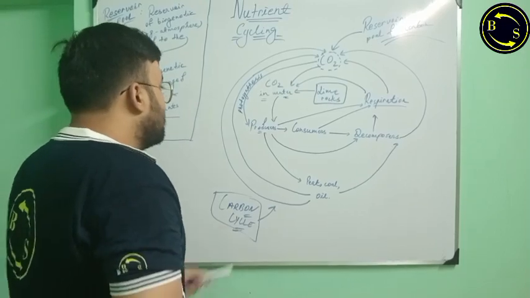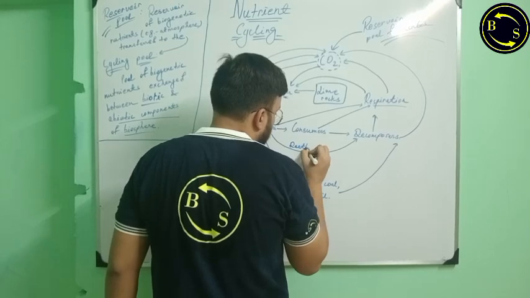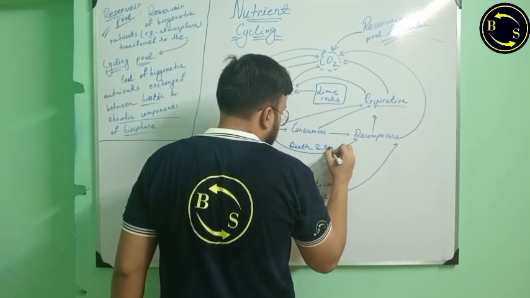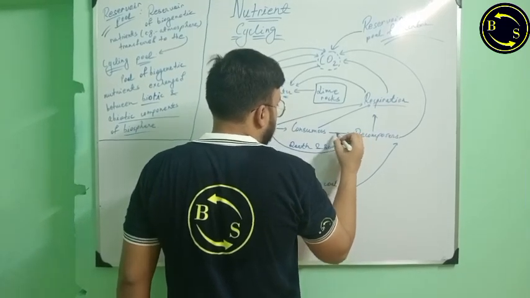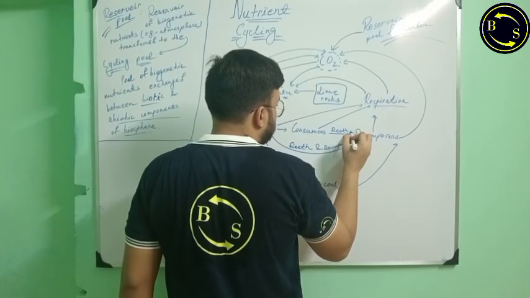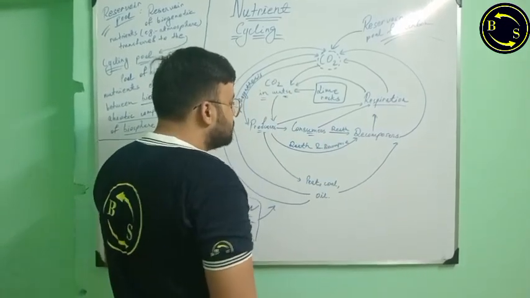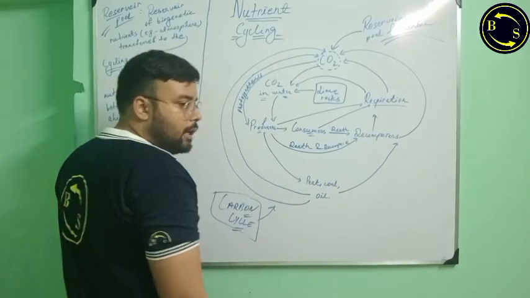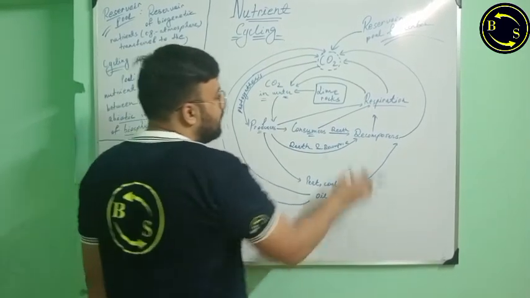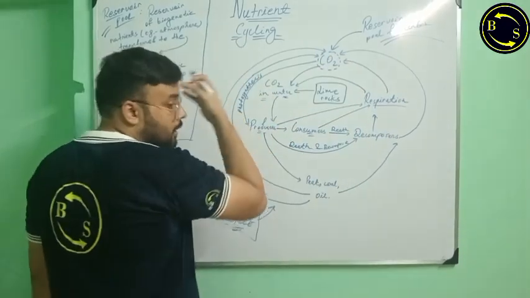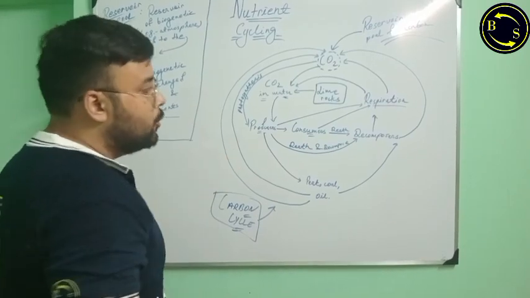Also, when producers die, they die and decompose. Producers and consumers, they both die. They both decompose. Okay, they are broken down by the decomposers through the process of respiration, both aerobic and anaerobic, releasing carbon dioxide back into the atmosphere, and in turn releasing carbon back into the atmosphere or the reservoir pool from the cycling pool.